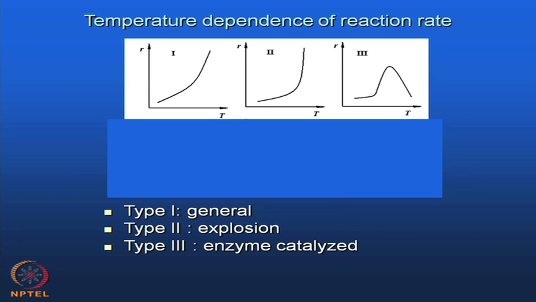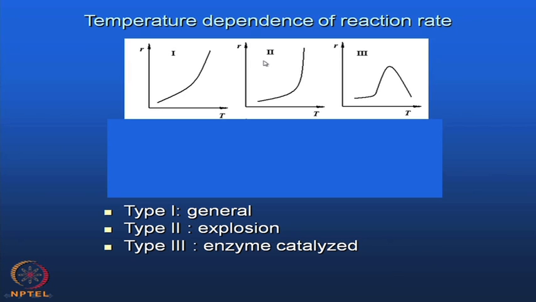Let us have a look at various plots of rate versus temperature for various types of chemical reactions. This is type 1, a general chemical reaction, where as you increase the temperature, the rate increases close to an exponential fashion. These are the general chemical reactions generally carried out in laboratories.